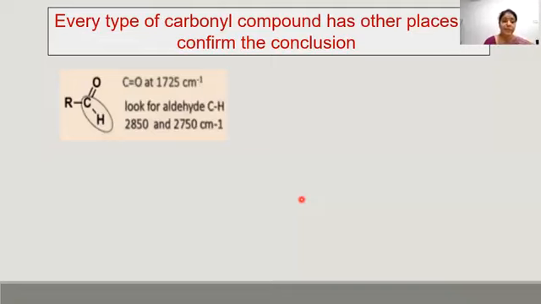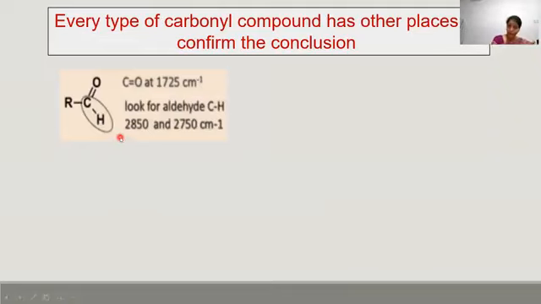Other than this, the aldehydic CH bond, because of Fermi resonance, which is the coupling of the fundamental CH with the overtone of CH vibration. The fundamental of CH stretching couples with the overtone of CH bending. Then it produces a doublet that is known as Fermi resonance.